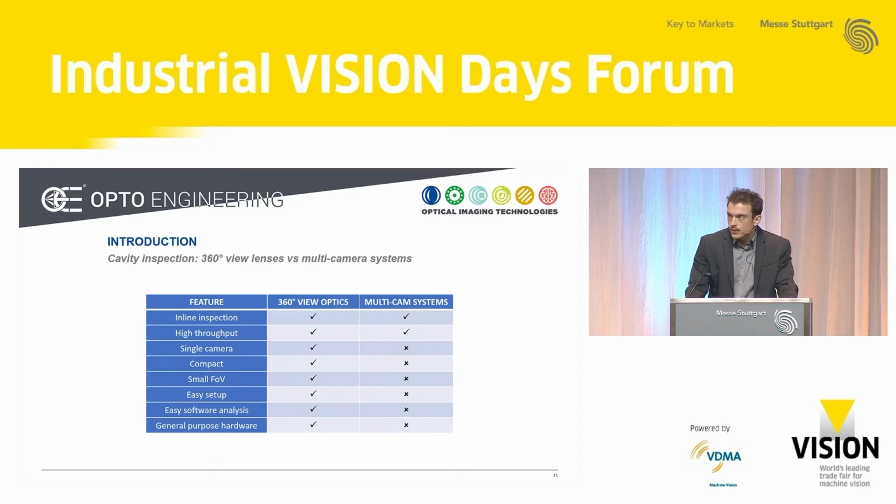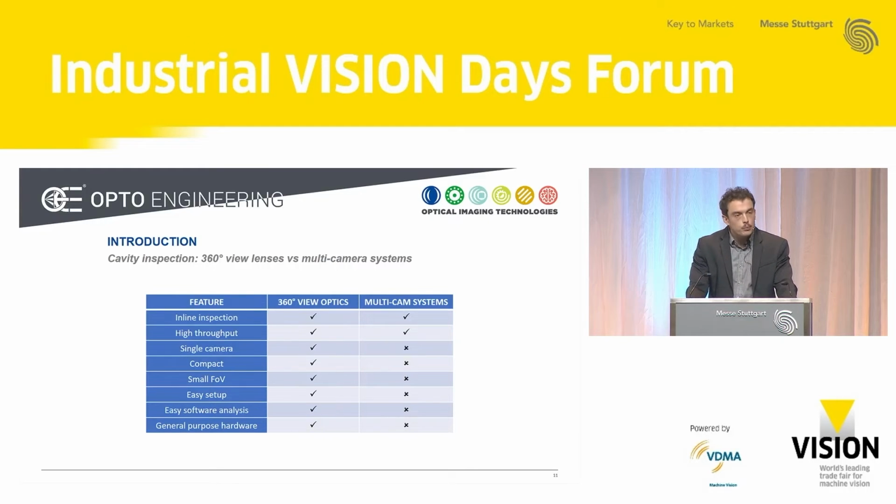The main advantage that I already mentioned before of 360-degree view lenses is that they are designed to acquire a single image, so using a single camera. And this is very important when you compare them with more traditional solutions such as multi-camera systems. In this table you can see a quick comparison between the two possibilities.